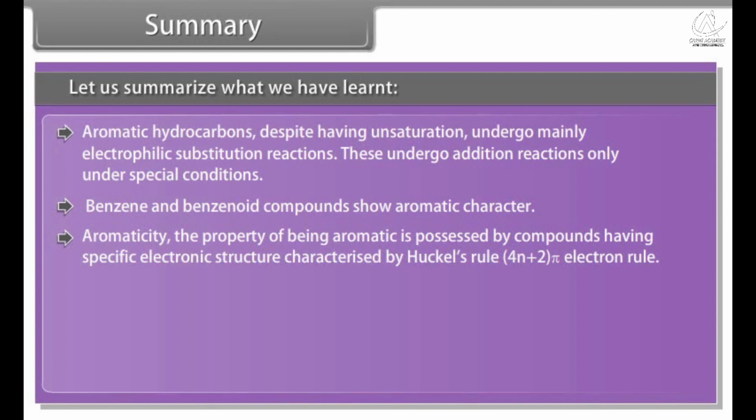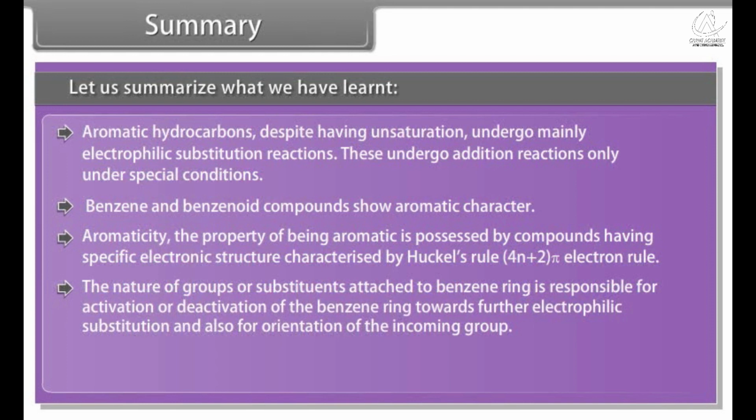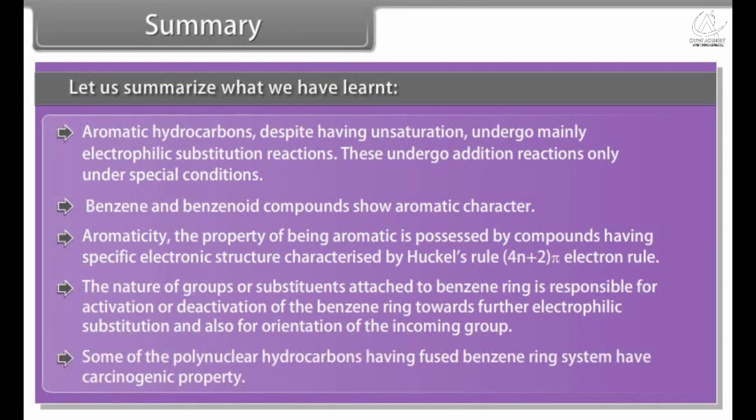Aromaticity, the property of being aromatic, is possessed by compounds having specific electronic structure characterized by Huckel's rule, the 4n plus 2 pi electron rule. The nature of groups or substituents attached to benzene ring is responsible for activation or deactivation of the benzene ring towards further electrophilic substitution and also for orientation of the incoming group. Some of the polynuclear hydrocarbons having fused benzene ring system have carcinogenic property.